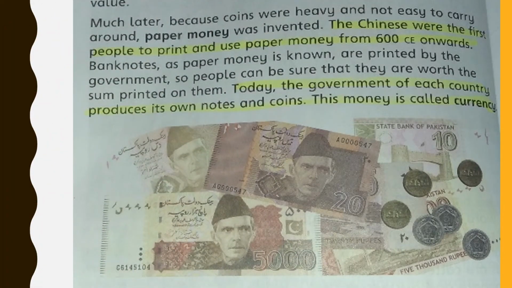Okay kids, now on page 50. Much later, because coins were heavy and not easy to carry around, paper money was invented. And who invented the paper money first? The Chinese were the first people to print and use paper money from 600 CE onwards.